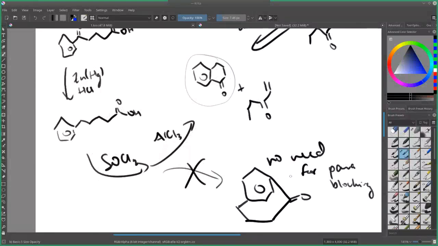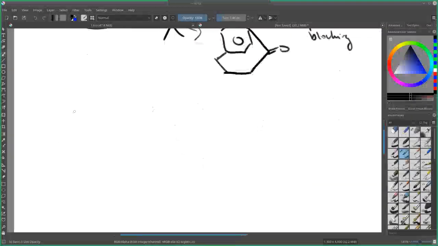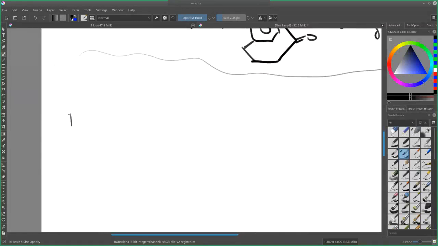Actually, the way the answer key suggests is truly the same thing, more or less. It basically says you could start off with this, and if you use this anhydride, then it starts off looking like that, and you can use aluminum trichloride.